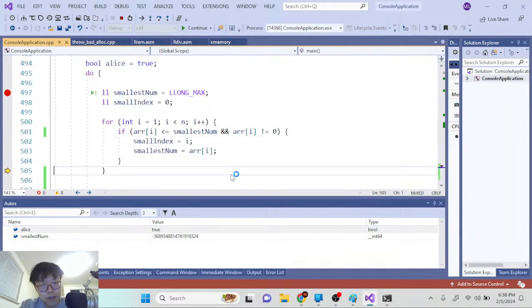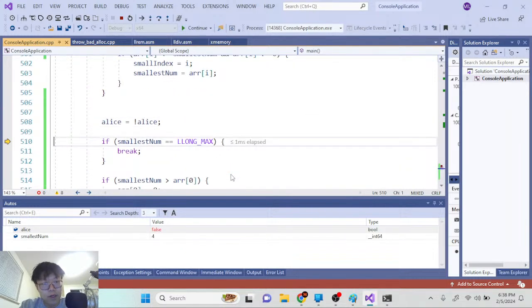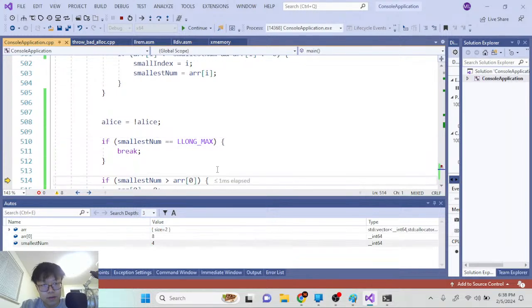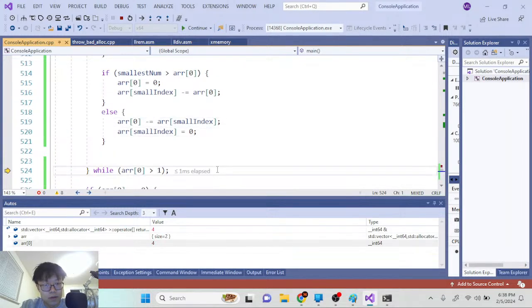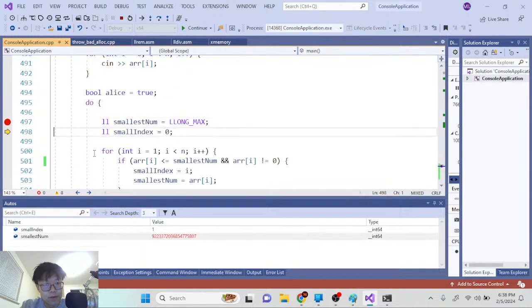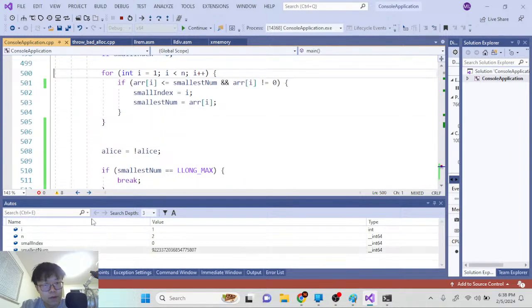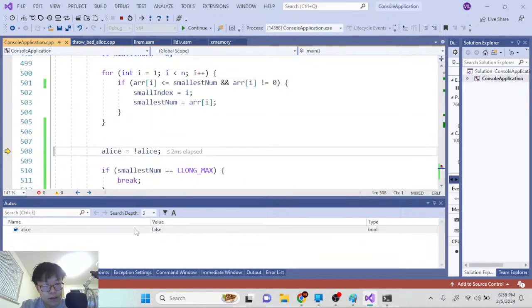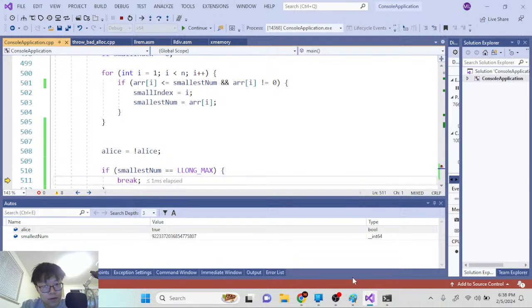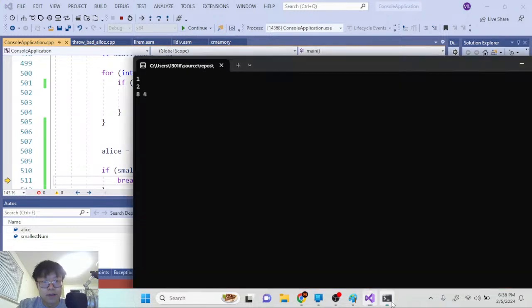Okay, so we go through all this stuff. Alice's turn. All right, this was false. Whose turn is it? I forgot to see. I didn't even see what turn it is. Bob's. 4-0.